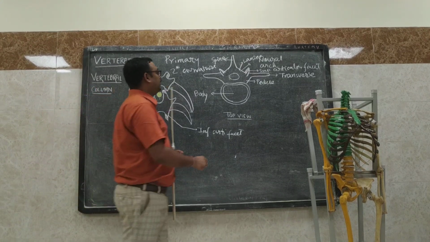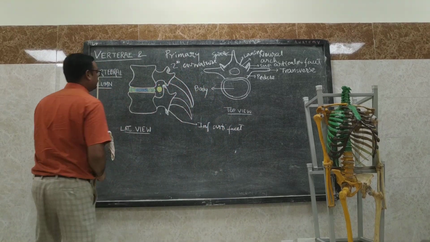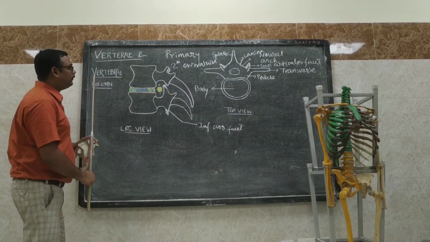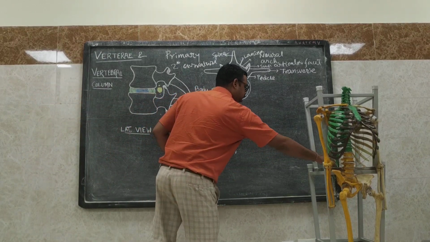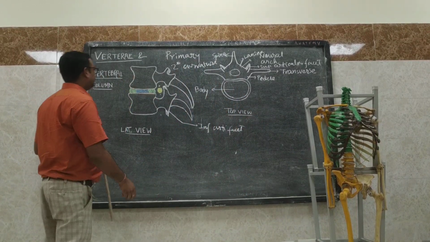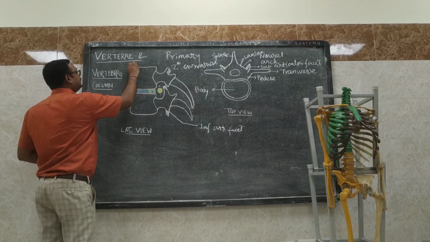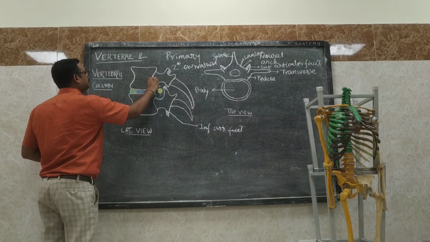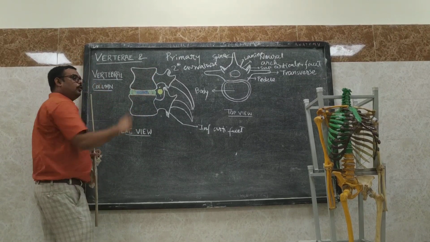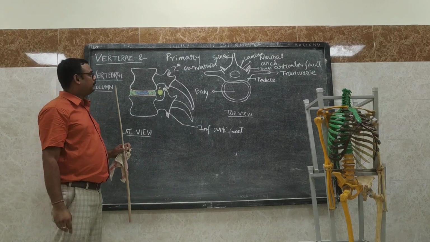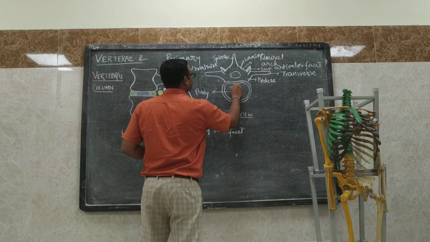Now come to the body. Now the body of a vertebra is composed of a thick outer shell, except at the upper and lower surfaces of the vertebral body, which are composed of spongy tissue.